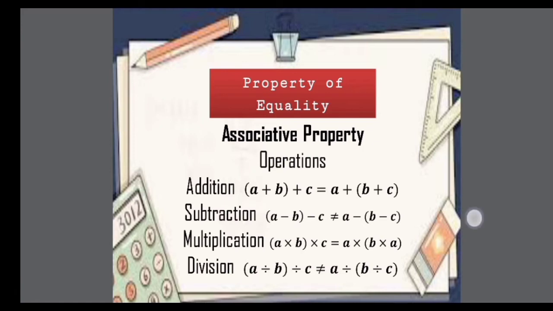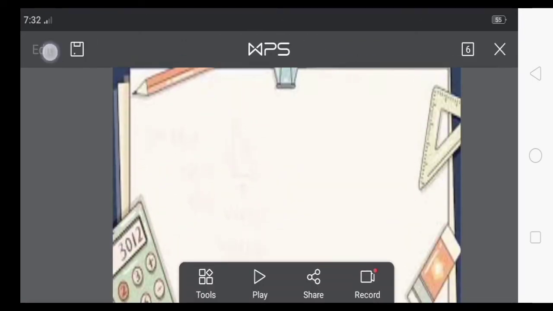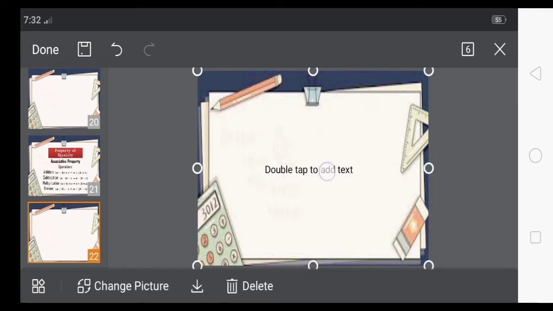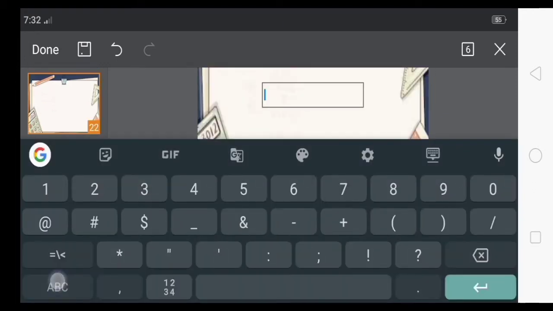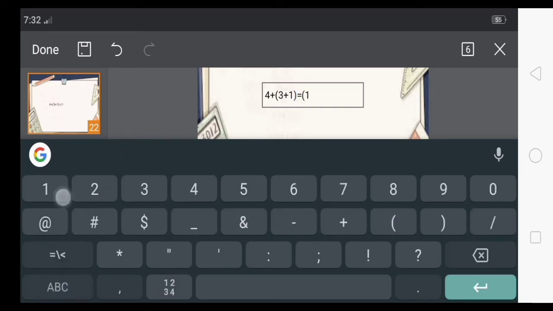So here is an example of the associative property. 4 plus 3 plus 1 is equal to 1 plus 3 plus 4. And the result of it is 8.